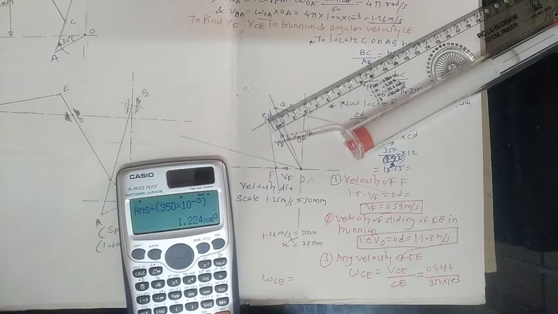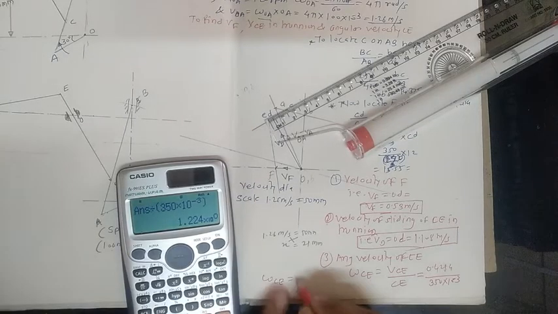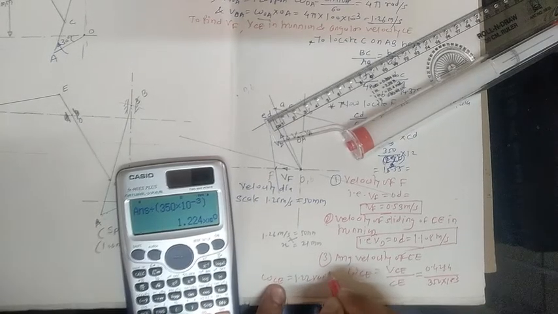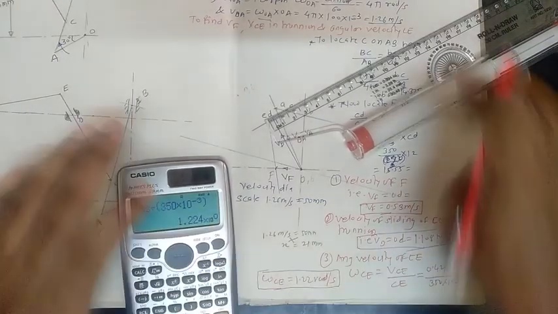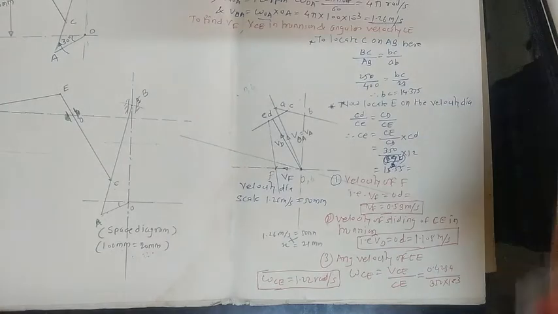So we can get near about 1.22 radian per second. I hope this problem is clear to you. Thank you.